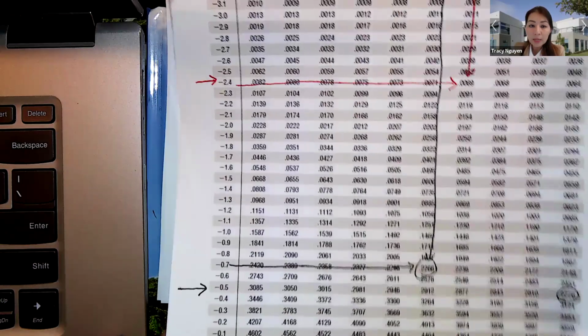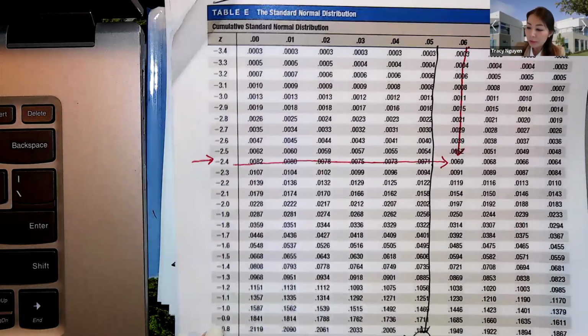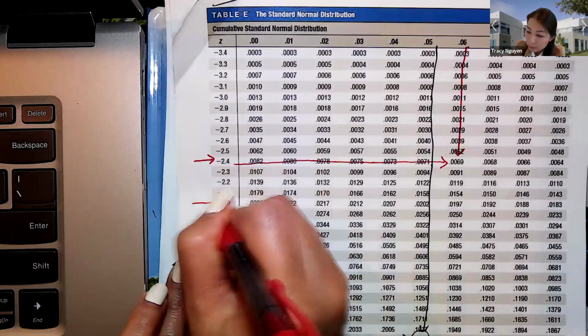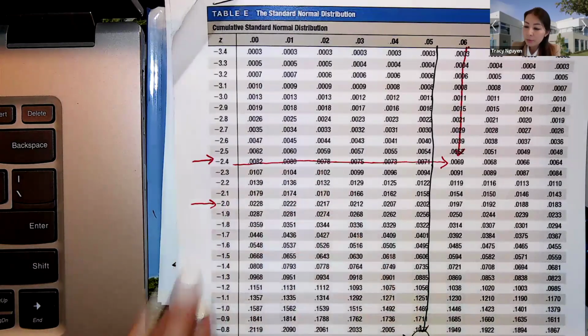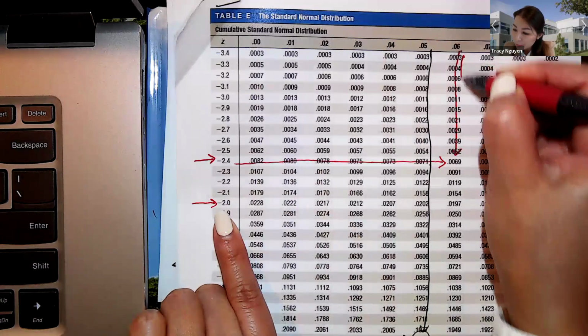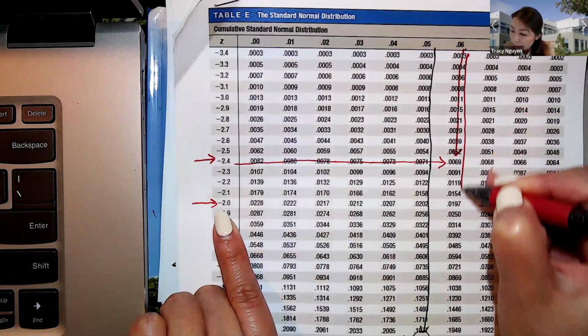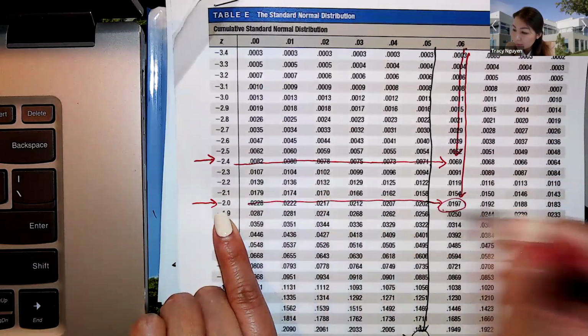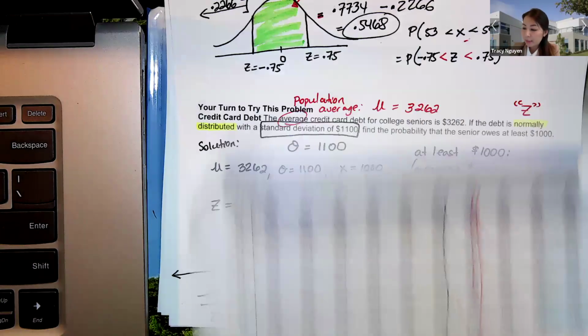We go to negative 2.0. This one here. And we're going to map it over with 0.06, which is this one here. And we have 0.0197.